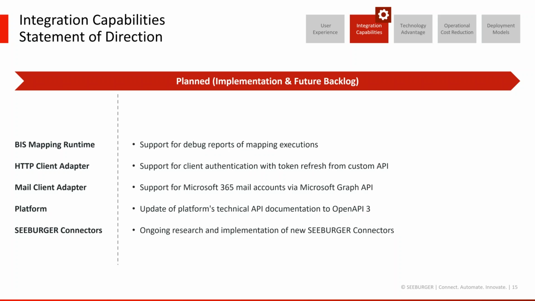In the HTTP client adapter, we are adding improved support for client authentication using tokens. We've seen more frequently now that authentication tokens are not always retrieved through standard means like OAuth protocol, but often also through a custom API provided by a partner or a cloud service.